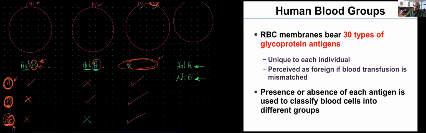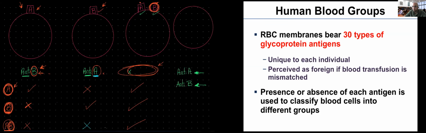Can you give a blood transfusion of a blood type A to an O blood type? No. Why? Because A antigen is going to meet anti-A, and this will cause the destruction of the transfused cells.